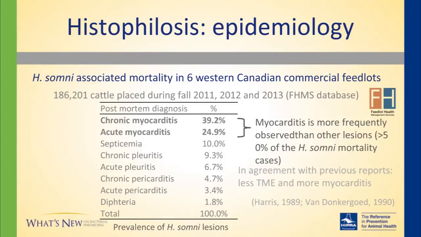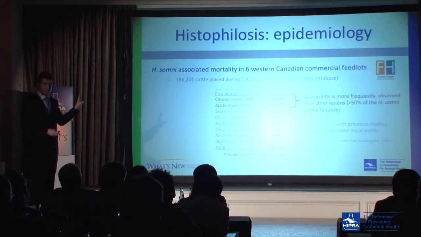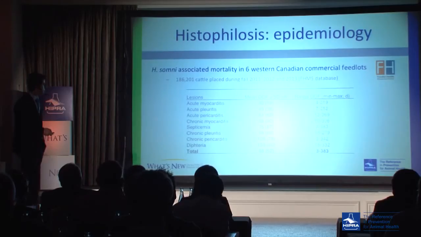But myocarditis is really a key lesion, and this is in agreement with previous studies that reported that there is less and less of the thrombotic meningoencephalitic form of H. somni and more of the myocarditis form. And that was already reported in the 1990s, a real switch from thrombotic to myocarditis. I just put this slide.